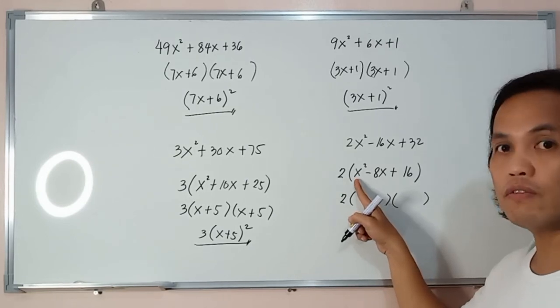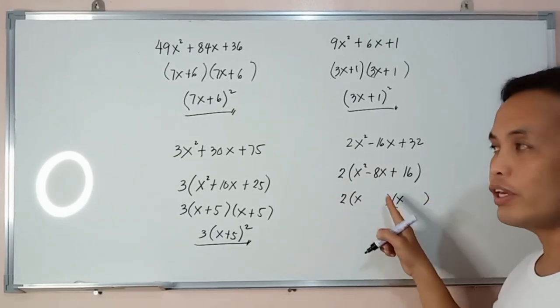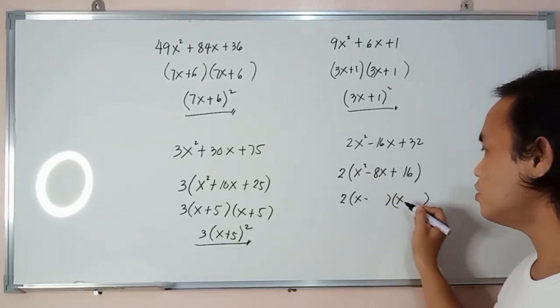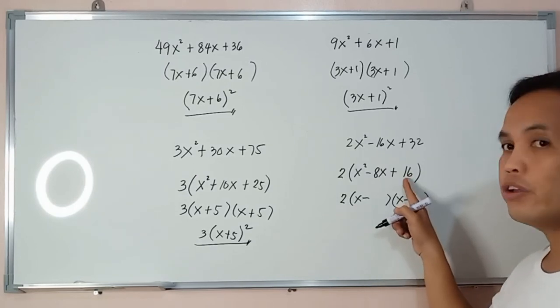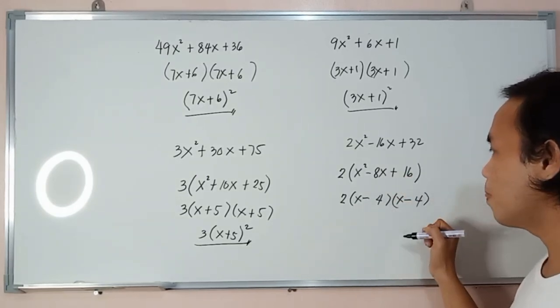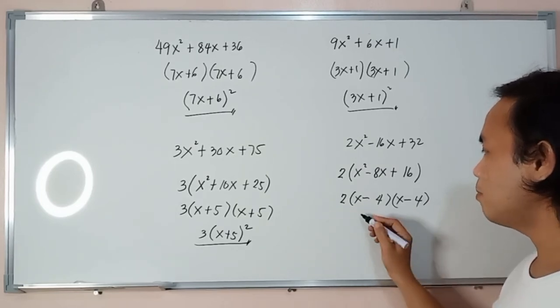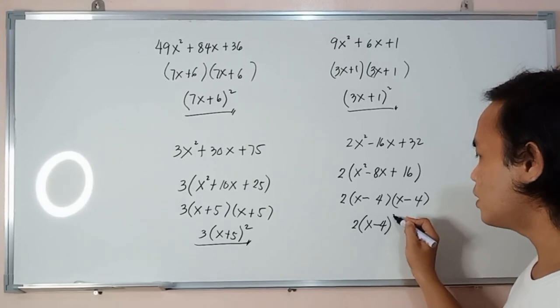The square root of x squared is x, and x here. Then we copy the sign of the middle term, which is minus. Then the square root of 16 is 4. So we have here 4 and 4. So we can express these binomials as 2 times x minus 4 quantity squared.